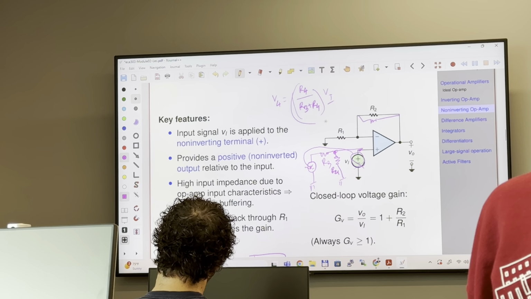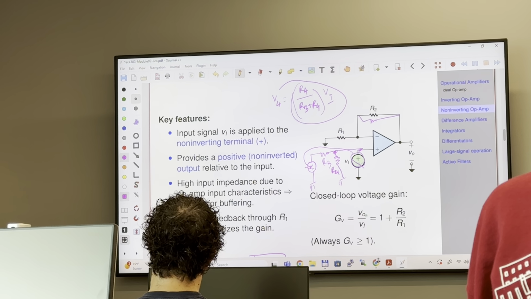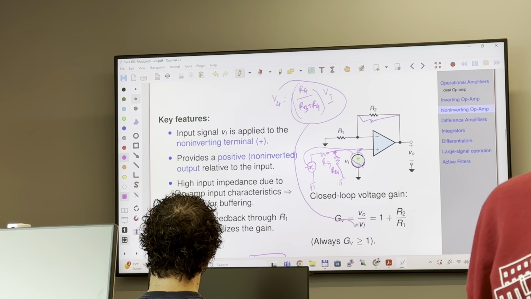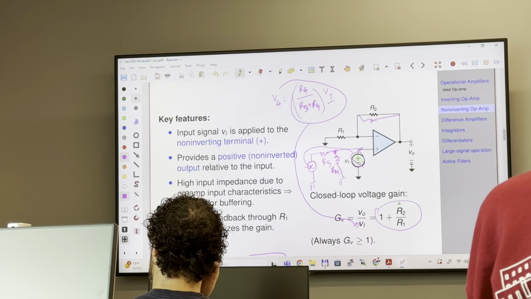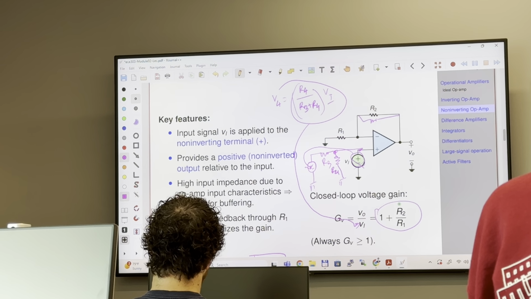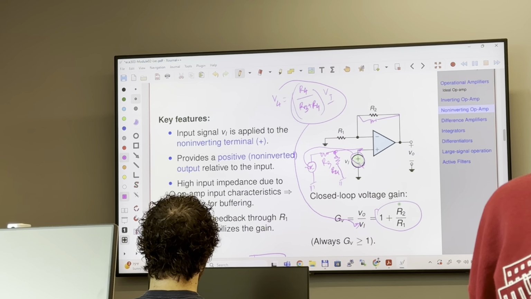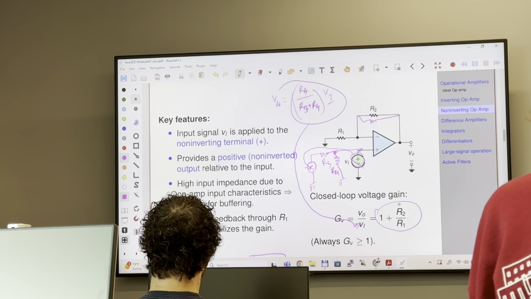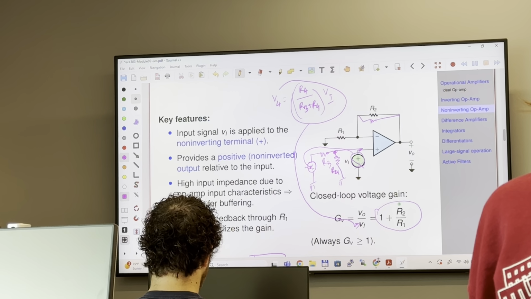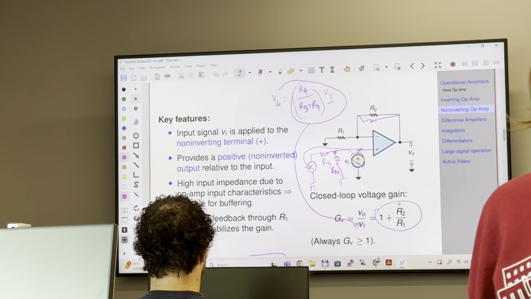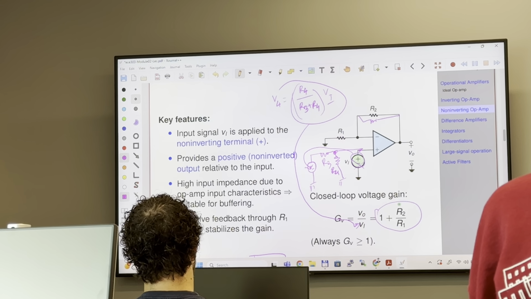Now you can think of this Vi as V4 right here. So you will see a different expression, and if I give you values of R1, R2, R3, R4, you will see different numerical values.